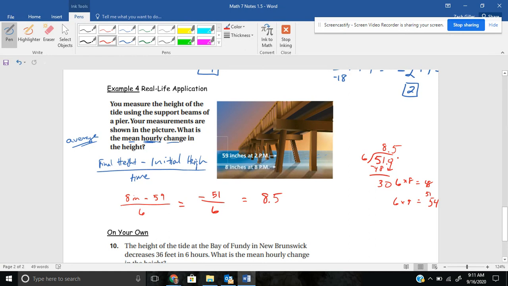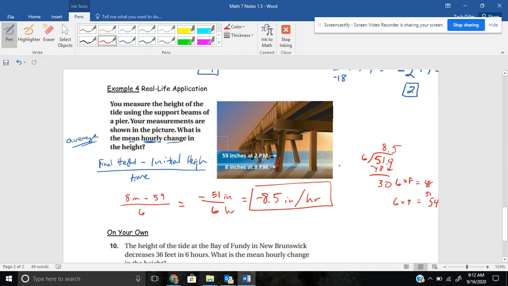Okay. So lastly, a negative divided by a positive, different signs gives me a negative. And my label should be inches per hour. Okay, because here I had inches and here I had hours. And the reason it's negative is because I started at 59 and I ended at 8.